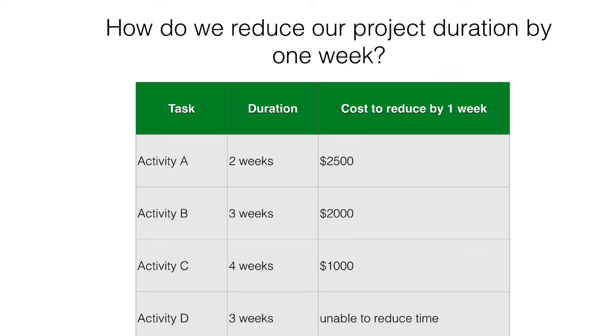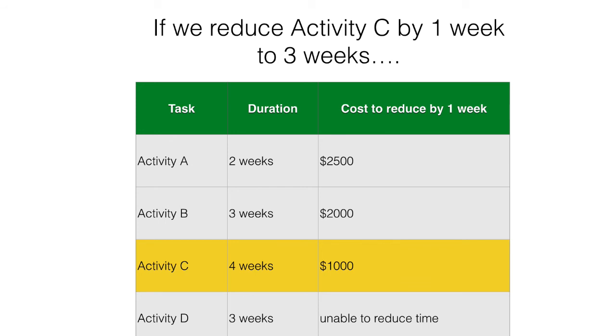We see that C is the cheapest way to reduce the project duration in the critical path, ACD. If we reduce it by 1 week, we'll spend $1,000, but we'll save $5,000 in the delay penalty. So our net saving is going to be $4,000.